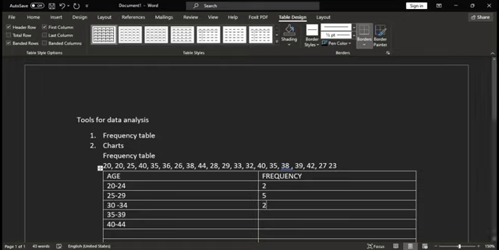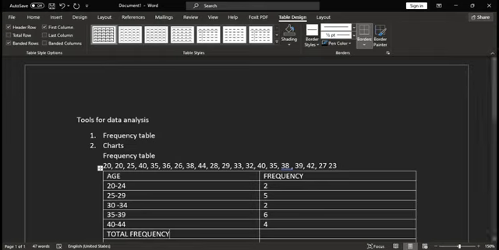For 35 to 39, you have 1, 2, 36 is 2, 38 3, this is 4, 5, 6. You have a frequency of 6. And then for 40 to 44, we have 1, 2, 3, 4, frequency of 4. Now you're going to have your total frequency here.